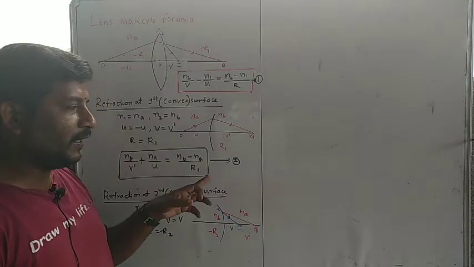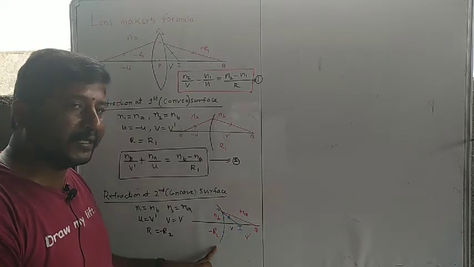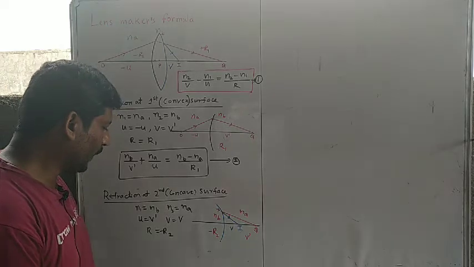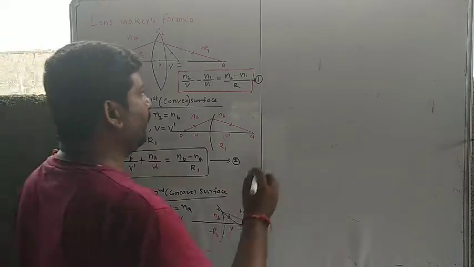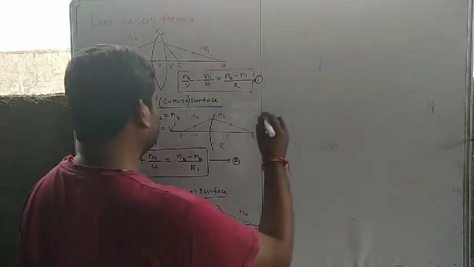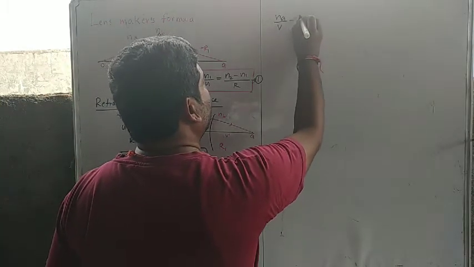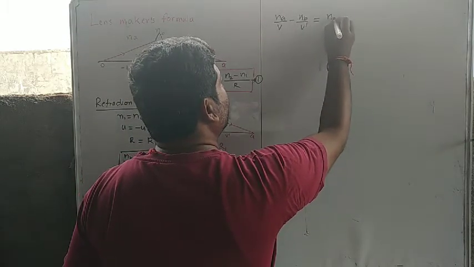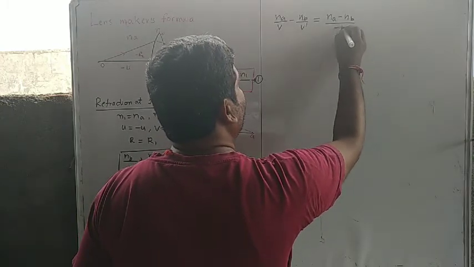So for the convex surface, radius of curvature should be taken as positive. For the concave surface, the radius of curvature should be taken as negative. Okay, substitute all these values in equation 1. Then we get NA by V minus NB by V dash is equal to NA minus NB by minus R2.